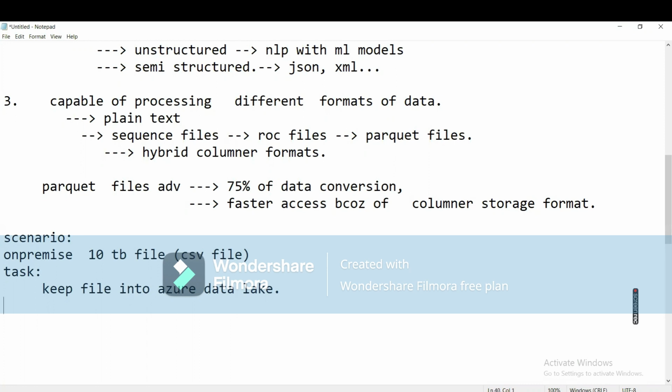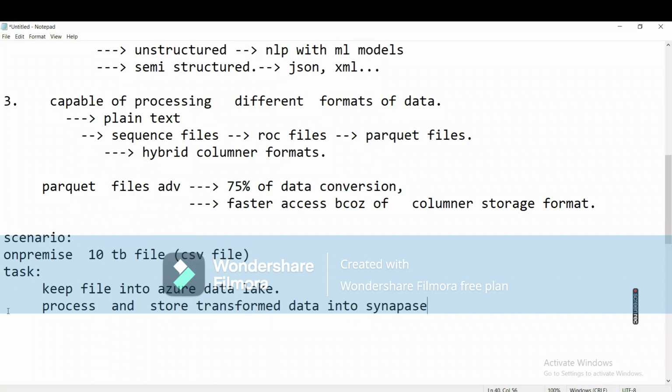Process and store the transformed data. Synapse, even Synapse is a bad idea because the data volume is 10 terabytes. 10 terabytes is a big volume.